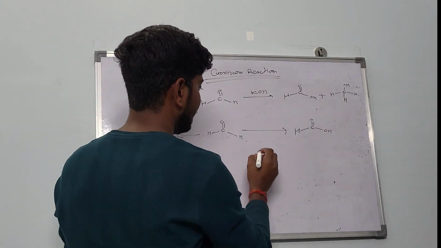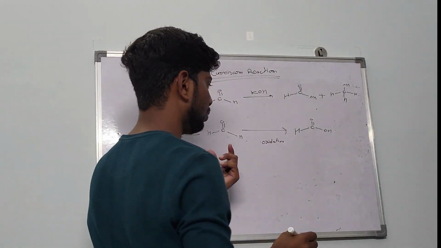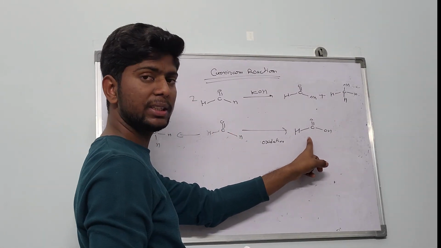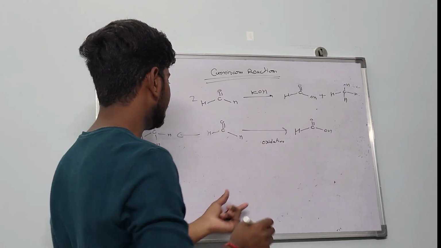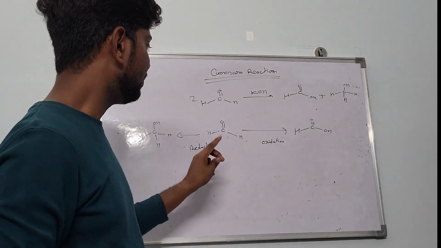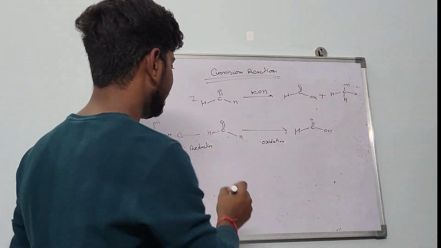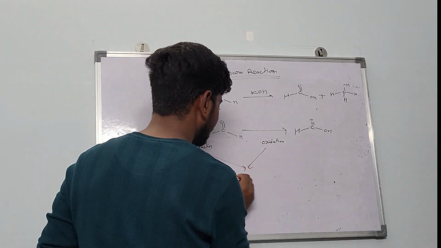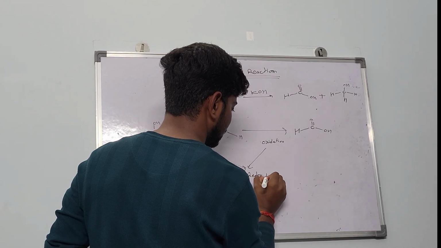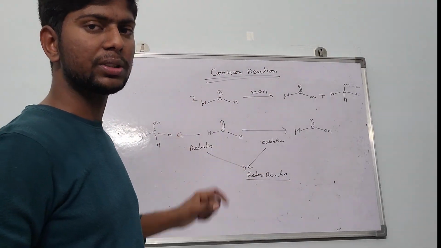So we say that oxidation is happening here. We have already studied that when an aldehyde is converted into a carboxylic acid, oxidation is happening, and here reduction also happens. So reduction and oxidation both happen simultaneously. So we say it is a redox reaction. From here we say that the Cannizzaro reaction is a redox reaction.